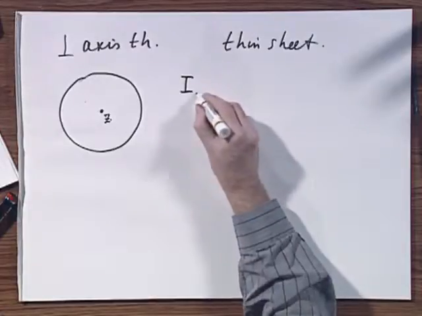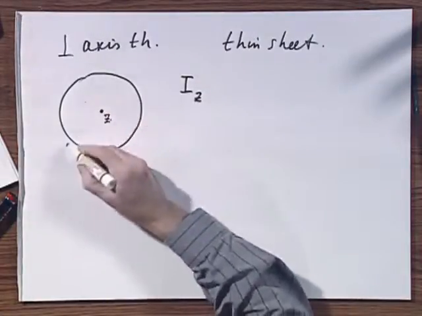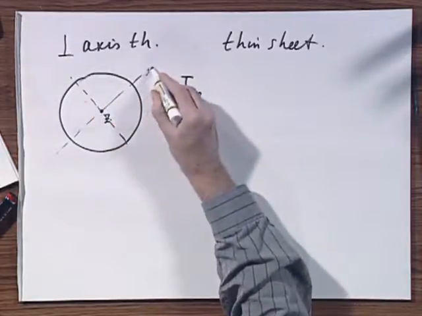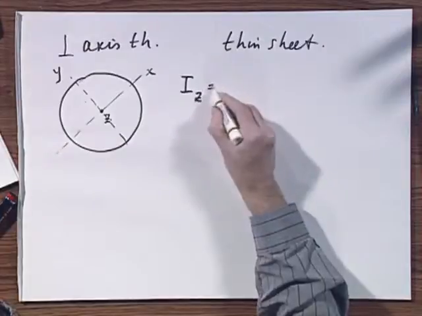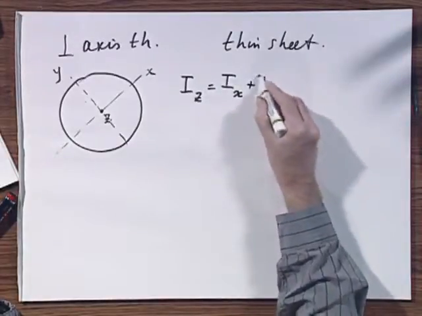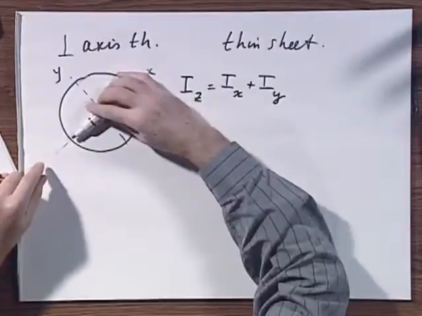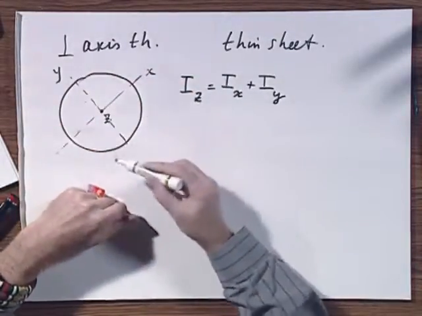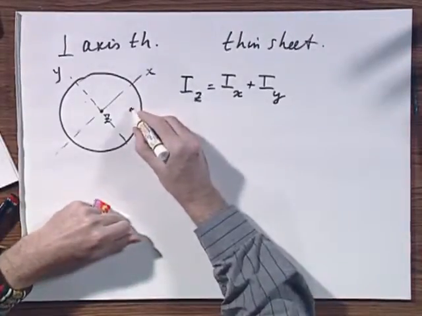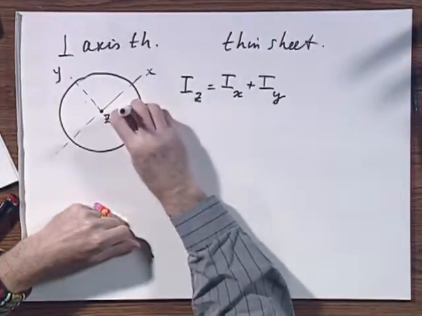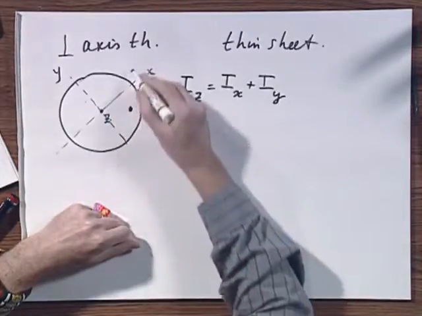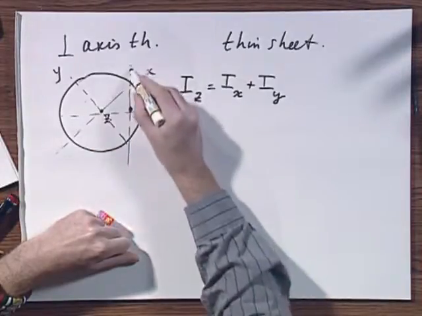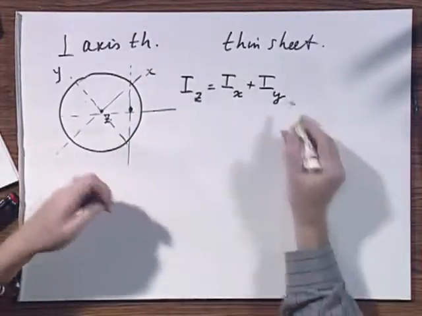So Iz, about this axis, and you may try to prove that, it's not so obvious, I call this the x-axis and this the y-axis, is also equal to Ix plus Iy. So rotation about this axis of the plate or rotation about this axis of the plate. And you can also do that for this point here. So also the moment of inertia about this axis would be the same as the moment of inertia about this axis plus this axis, as long as they are perpendicular to each other.